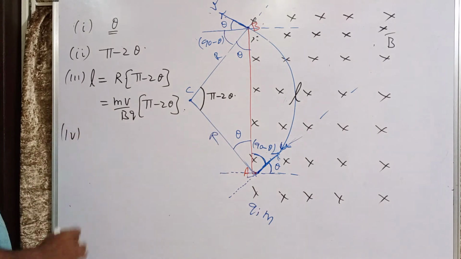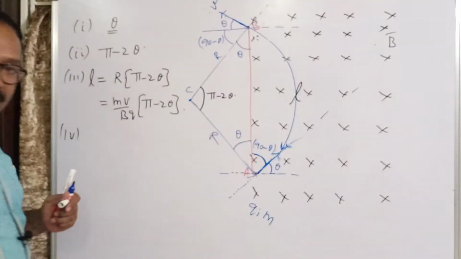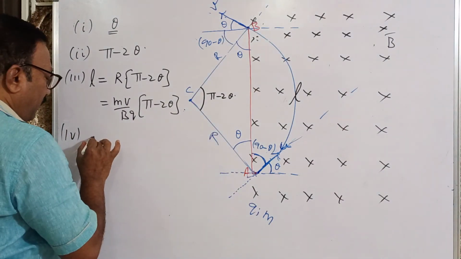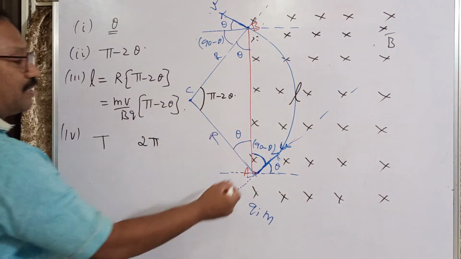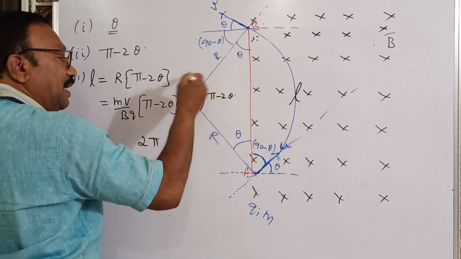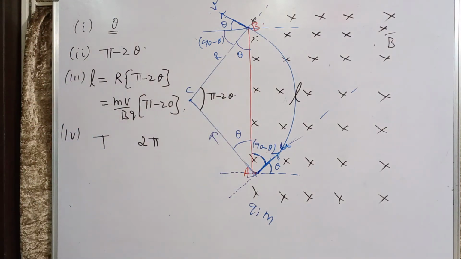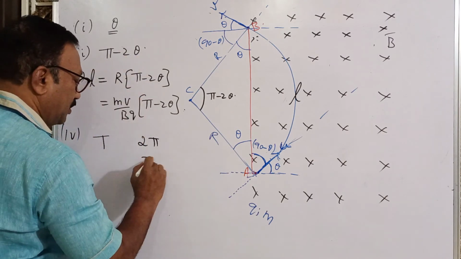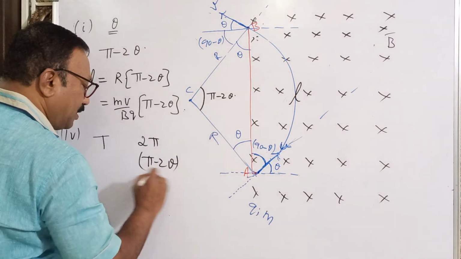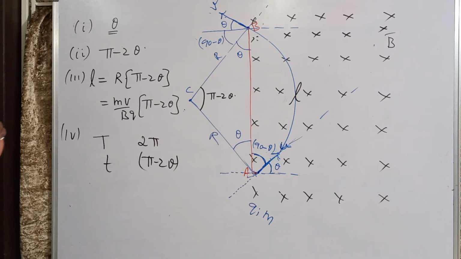Fourth question, how much time has it spent inside the magnetic field? Same. For a time period capital T, you will cover an angle 2 pi radians. That means if you complete one circular motion, at the center you will cover 360 degrees. Now for an angle of this much, that is pi minus 2 theta, how much time will you take?